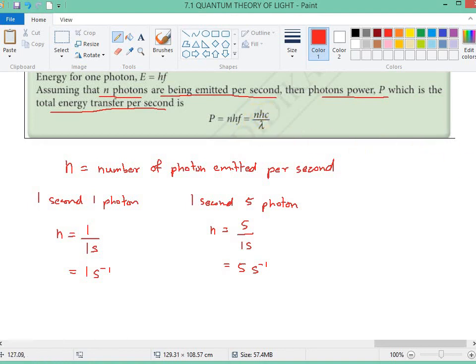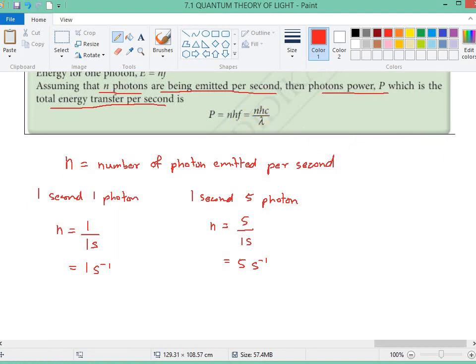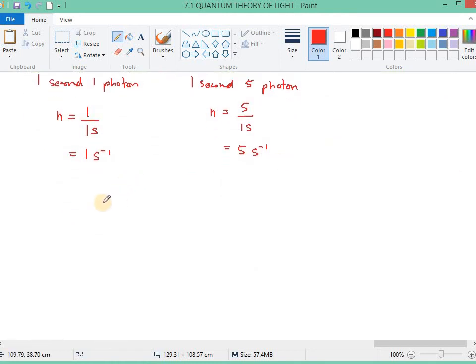So how do we get this equation? From the equation of power, power is energy or work over time. This E is the energy of the photon, so the energy of a photon is hf, over t.